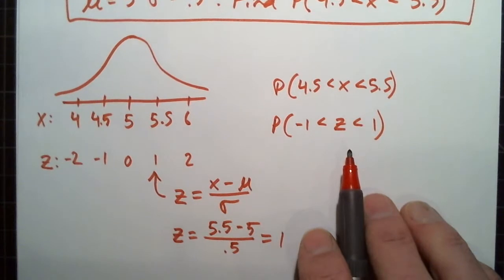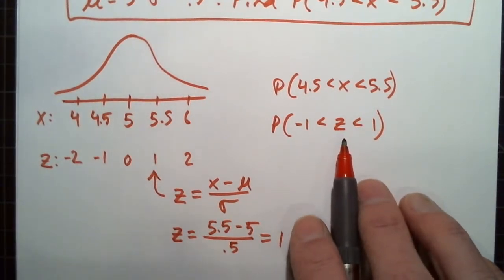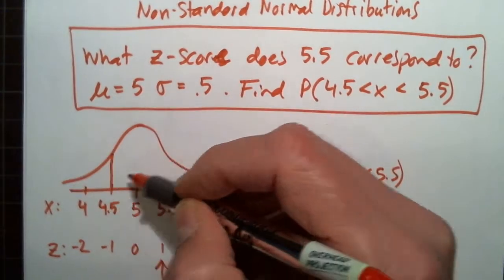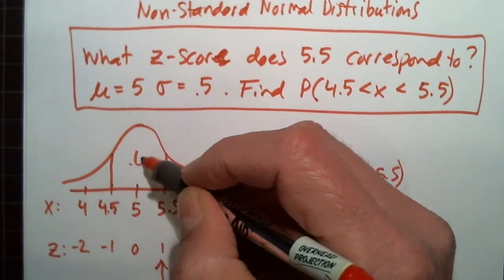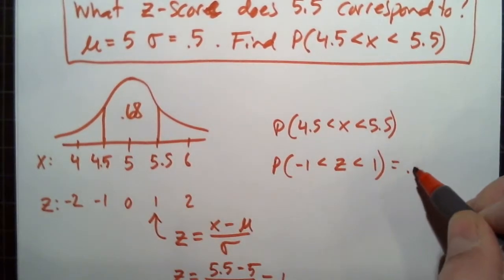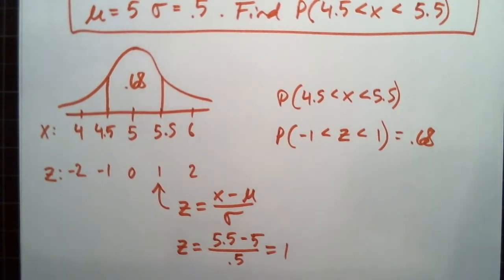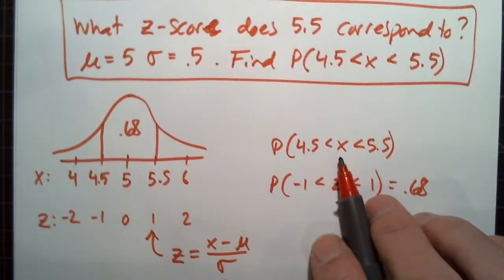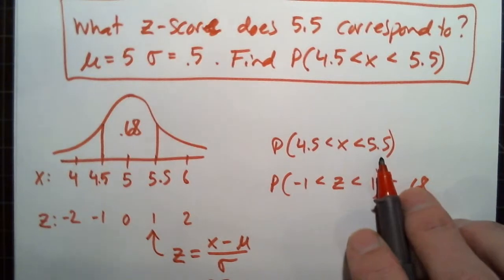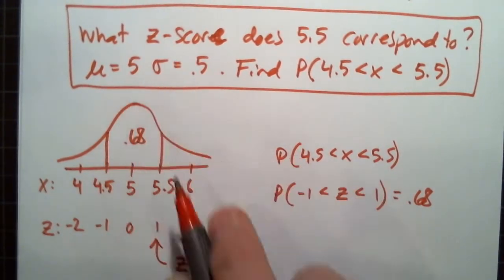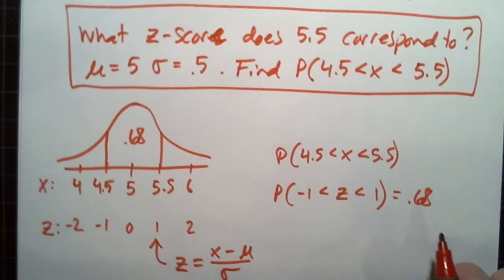So that simplifies to a problem that we can do without a calculator because we know by the empirical rule that one standard deviation up and down has an area of 0.68, a probability of 0.68. We can also, without doing any of this work, just type this into the calculator, enter the mean and the standard deviation, and it would give us a more accurate number than that.